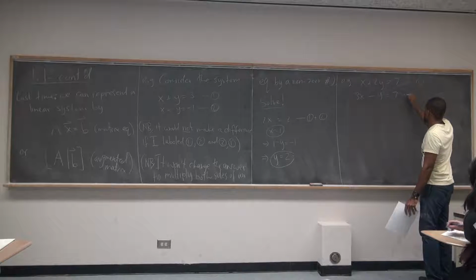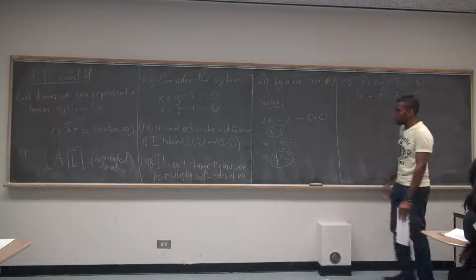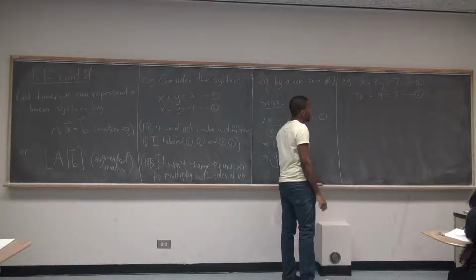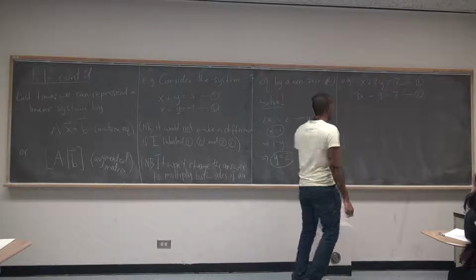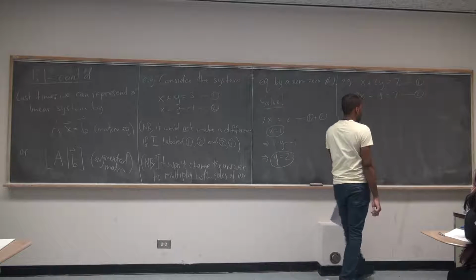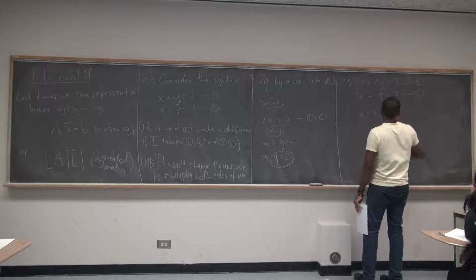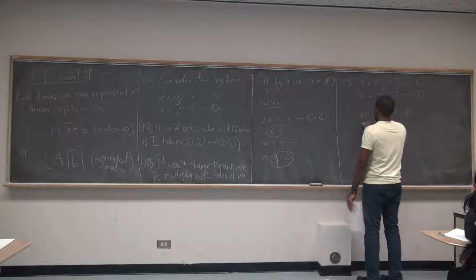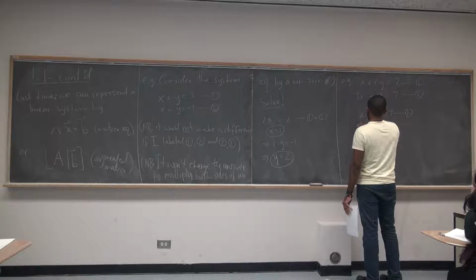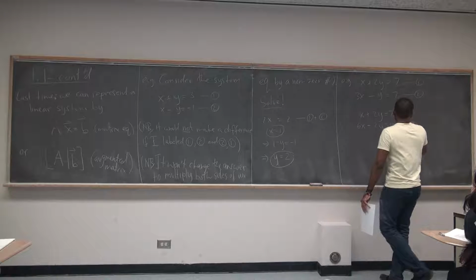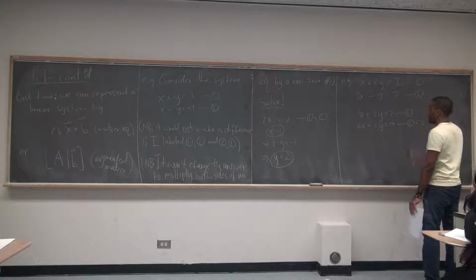Call this equation 1, call this equation 2. I could multiply the bottom equation by 2, which will not change the answer. So I do nothing to the top one, but the bottom one I multiply by 2. I would get 6x minus 2y equals 14. This is equation 2 times 2.